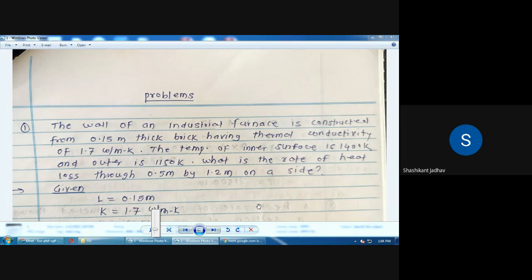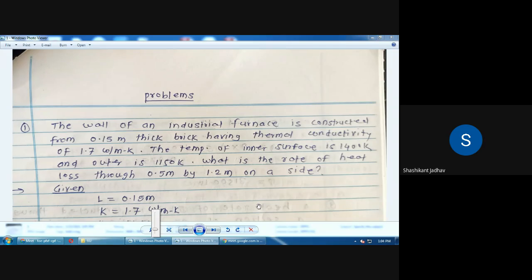Thermal conductivity of that wall is given, so write down K is equal to 1.7 watt per meter Kelvin.